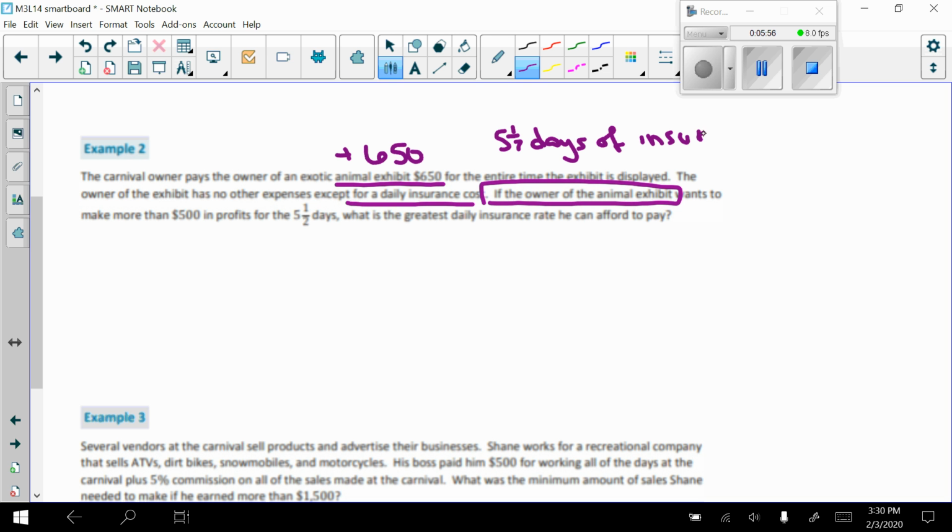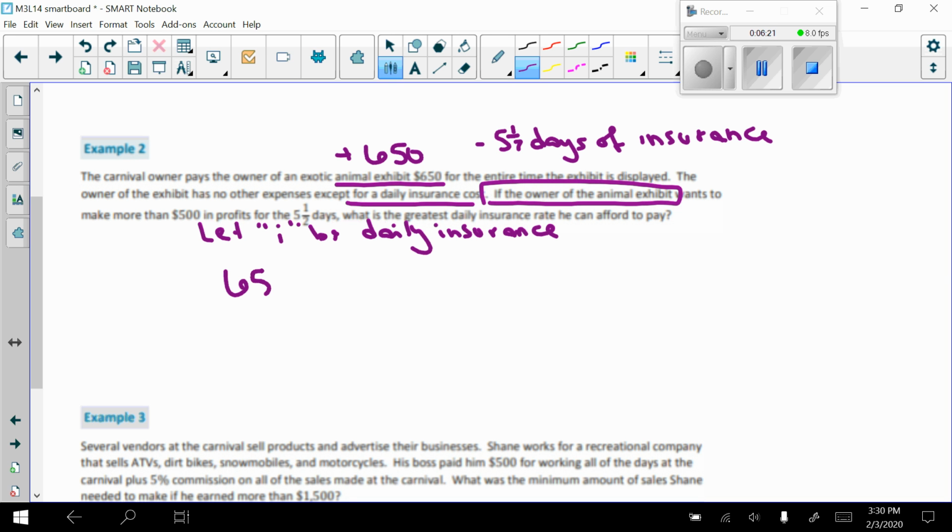That's money that's spent. So we're going to say let I be daily insurance, because that's what we're trying to find. Read it again. That is what is the greatest daily insurance rate he can afford to pay. So let I be the daily insurance.